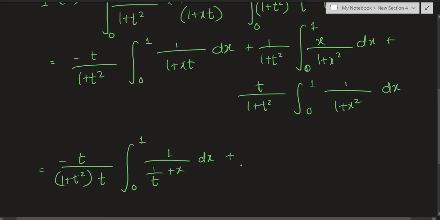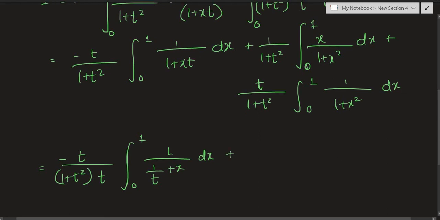plus, now over here notice that the derivative of the denominator is just 2x, right? So we can recreate the derivative by multiplying and dividing by 2 like this. So we have the derivative of the denominator, and that basically just by our formulas of anti-differentiation just becomes the natural log of the denominator.